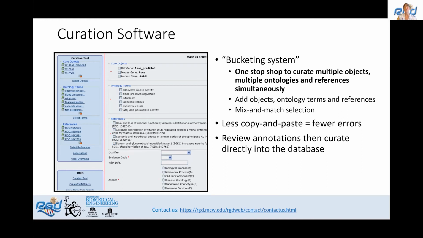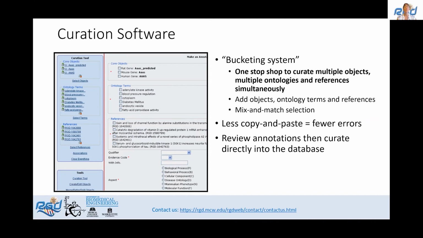So the curation itself is sort of what we call a bucketing system, and it's really a one-stop shop to curate multiple objects, multiple ontologies, and references simultaneously. So unlike what Dr. Smith was saying, we have one curator who really pulls all of the information out of a single paper that has a disease and gene focus.